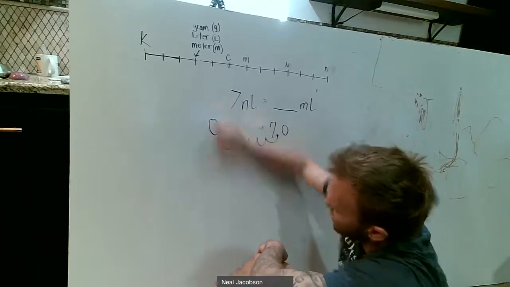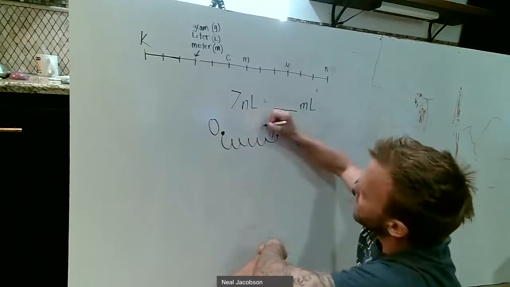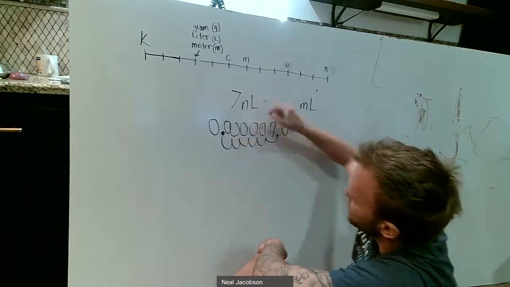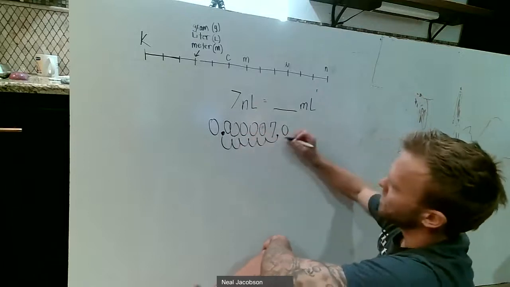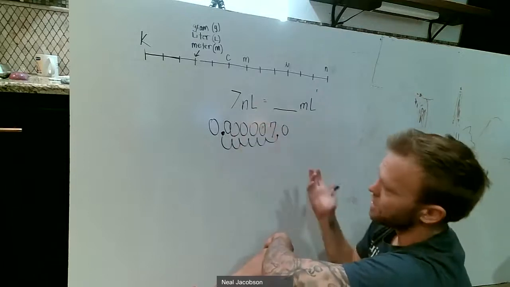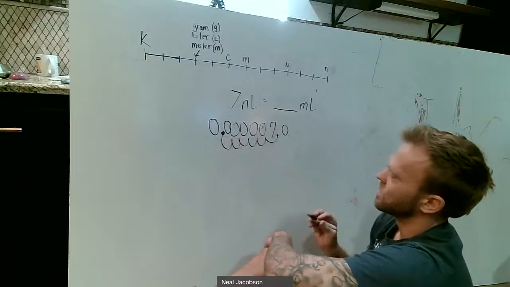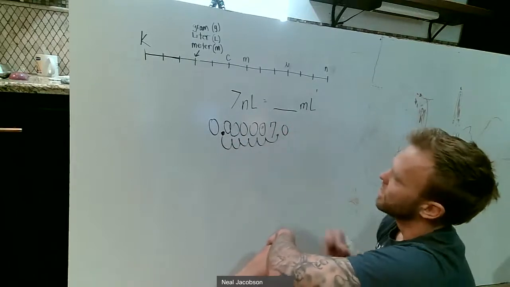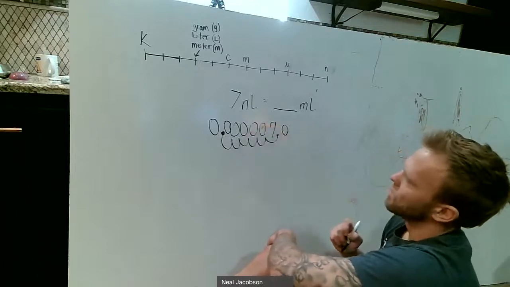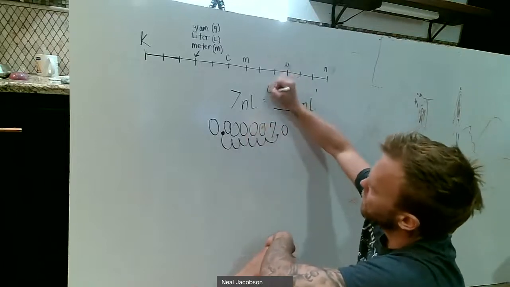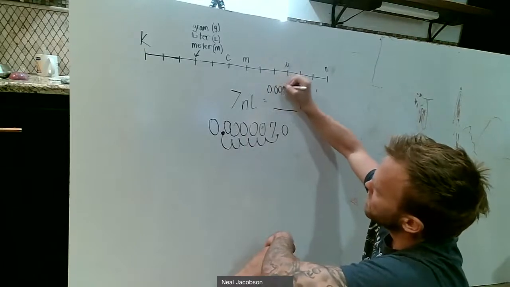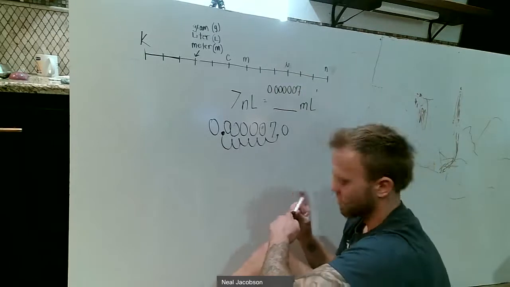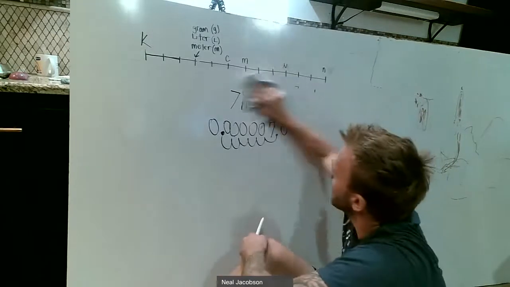And I'll put a 0 on the other side of it just for good measure. Okay, and then I'll fill in the zeros. So we've got 1, 2, 3, 4, 5 zeros now between the decimal and the 7, which is good because we were on the other side of the 7. That's where that 6 zero comes from. All right, so that's my answer, 0.000007 milliliters.